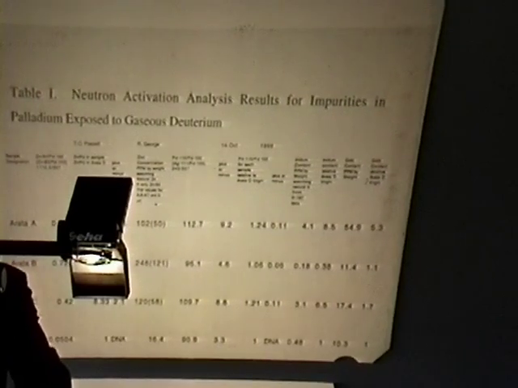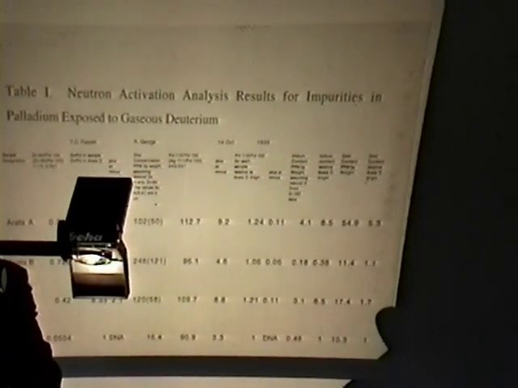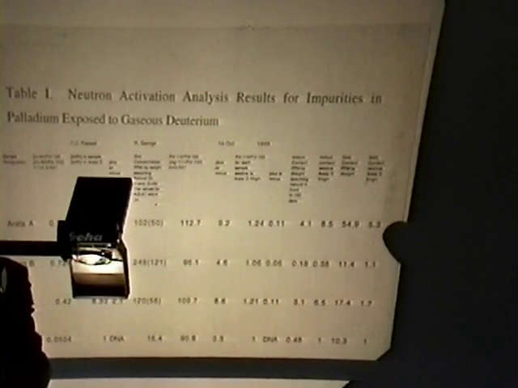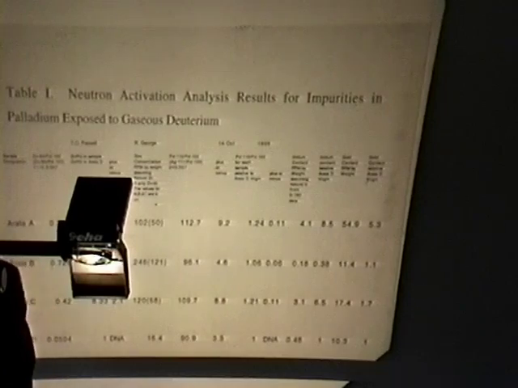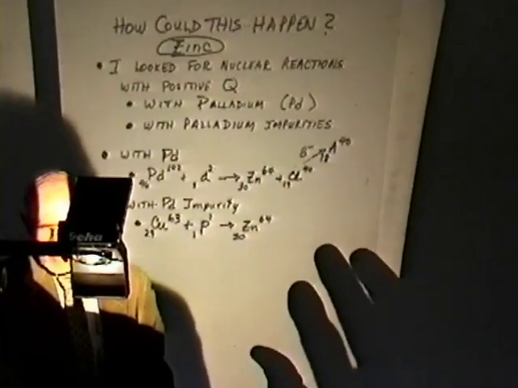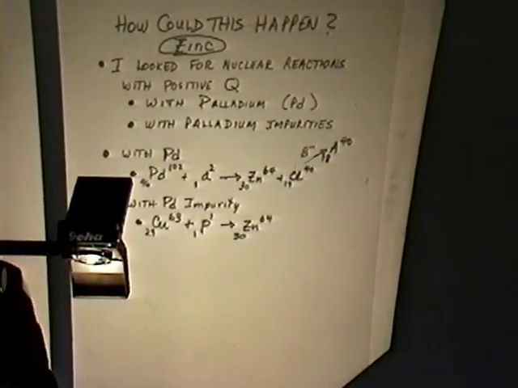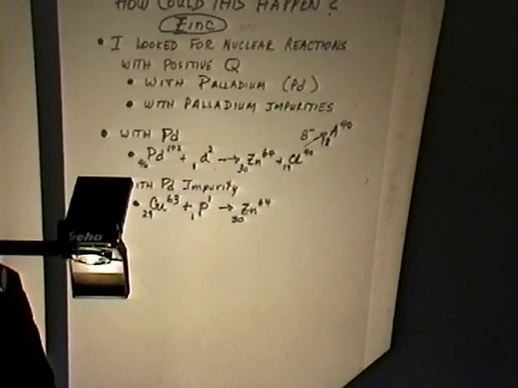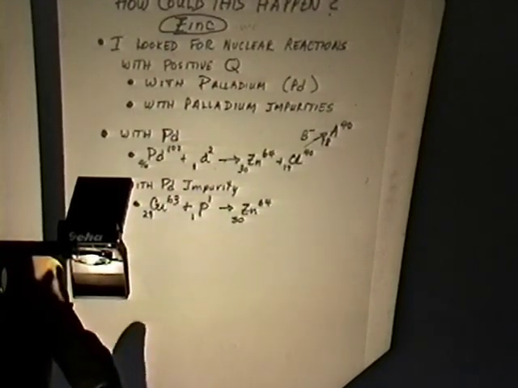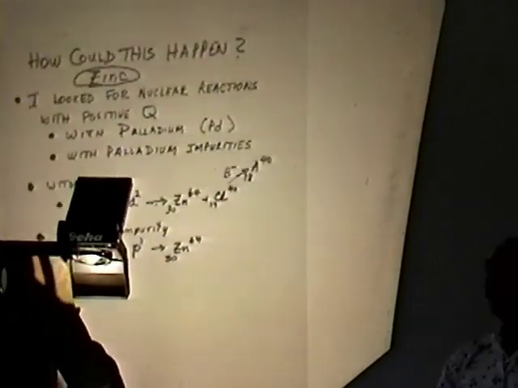But in every case, we had an increase in the gold content, a factor of 1.7, 1.1, and 5.3 for those active samples. How could this happen? Well, I assume that it might be possibly for zinc fission of palladium, and these are a couple of reactions, but it also is possible that copper-63 impurity could be proton capturing. Thank you.